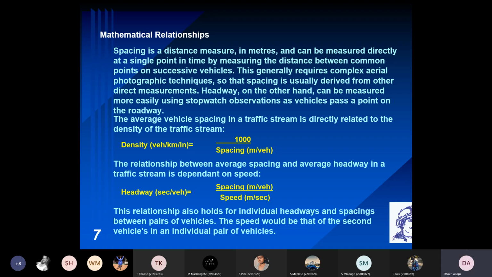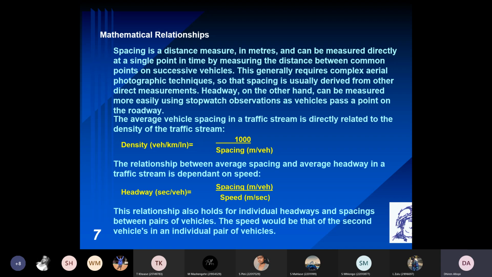From here, we can see the relationship between density and spacing. Density is measured in vehicles per kilometer, per lane, since you're dealing with a lane. So the main primary unit for density is vehicles per kilometer. You can see from here that density is basically 1 over the spacing.